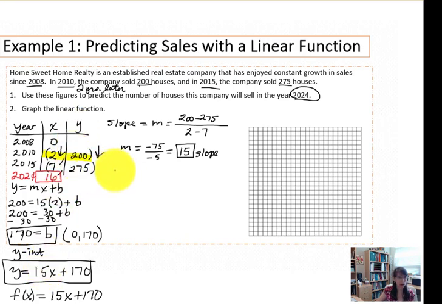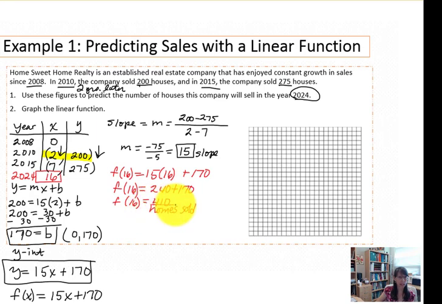We really are looking for f of 16 equals 15 times 16 plus 170. That means f of 16 is now equal to 240 plus 170, and that's 410 houses sold.